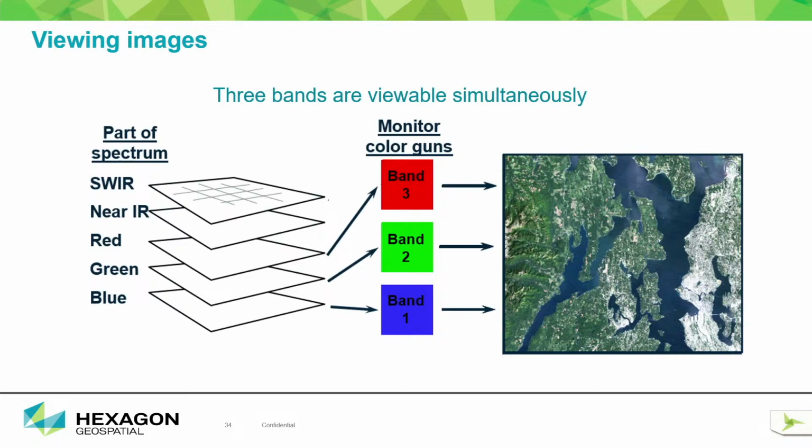But when we are using a computer, having only 3 guns, that is red, green and blue, at a time we are able to display the information of only 3 bands.